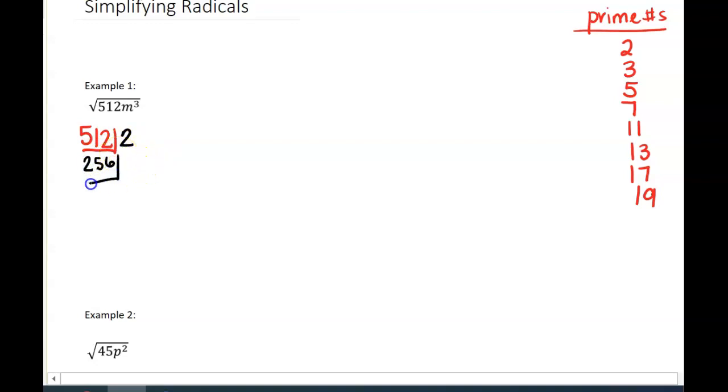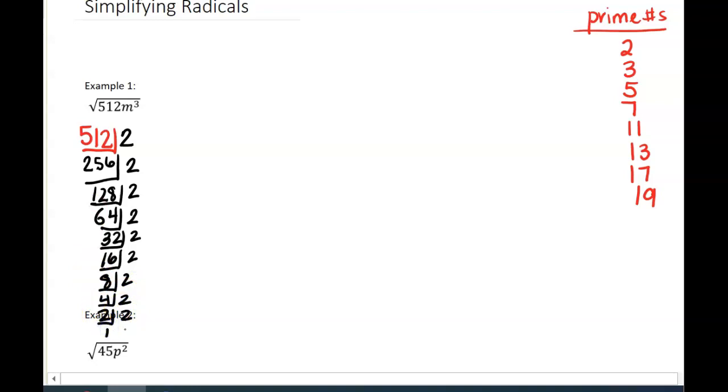Then we want to do the same thing to 256. We know 2 goes into that because it's even, so when you divide by 2, you get 128. Still even, so still 2, so 64. We can divide 64 by 2 to get 32, then 2, 16, 2, 8, 2, 4, 2, 2, 2, 1.